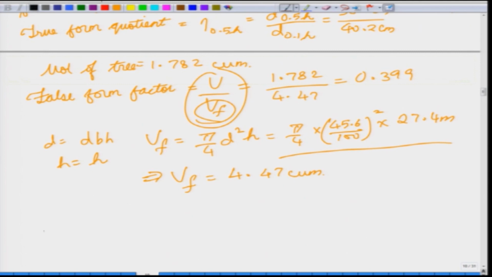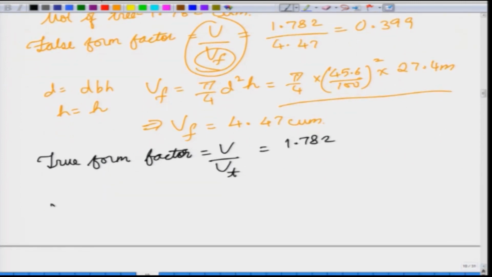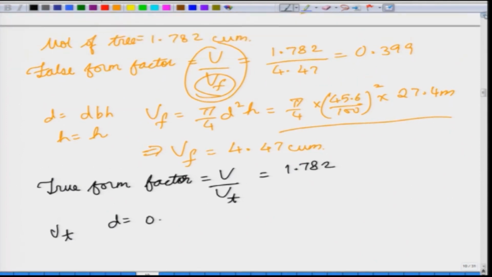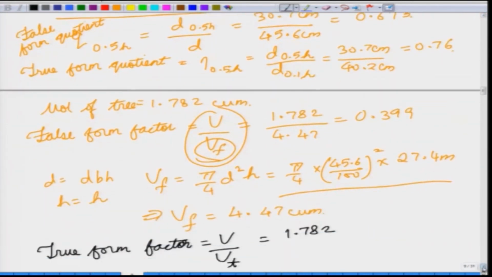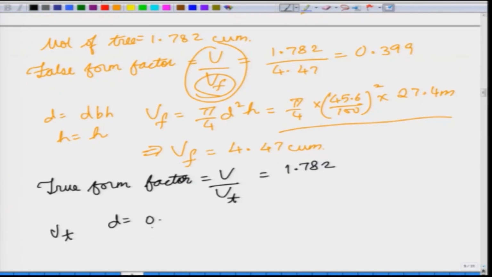Next, have a look at the true form factor. The true form factor is given by V divided by V t. Now, V is 1.782 and V t is the volume of a cylinder with d equal to d at 0.1 h, which is 40.2 centimeters, and height equal to the height of the tree, which is 27.4 meters.